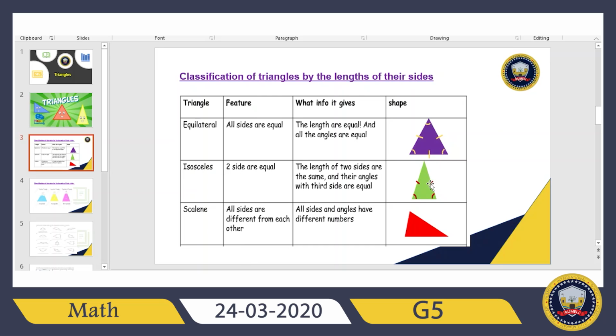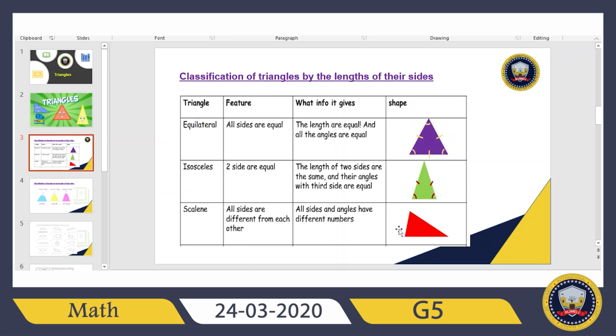So I name a triangle with only two sides equal an isosceles triangle. What about this triangle? You see from the drawing that neither side is equal to the other. This side might be equal to 3 centimeters, this side might be equal to 7 centimeters, this side might be equal to 10 centimeters. All sides are not equal to each other.